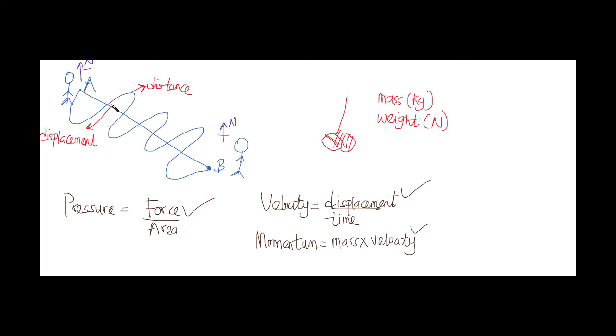And in this place here, instead, we could have measured the distance from A to B could be, let us say, 10 meters. And this one now will be 10 meters in the southeast direction, whereas if you measure the length of this wavy line, it could actually be 25 meters. So I can see that there's a difference in the distance, but in the length between the 2 points.